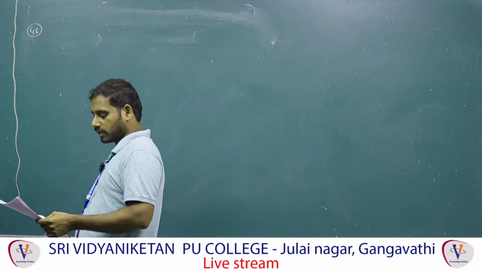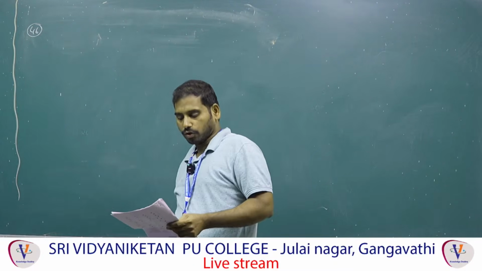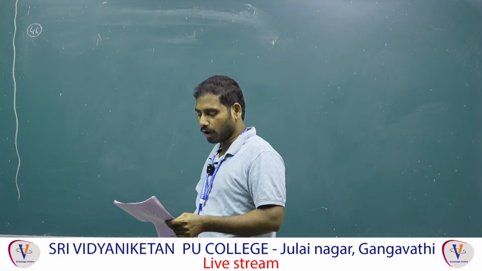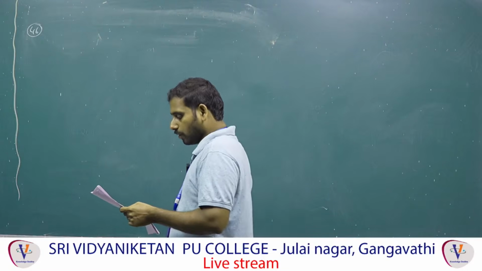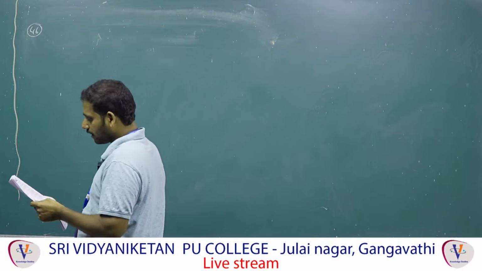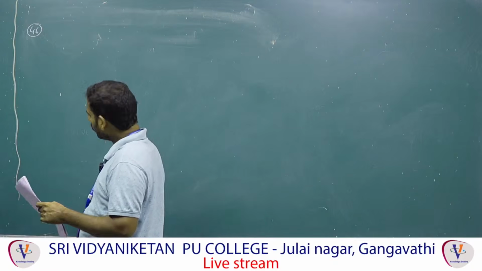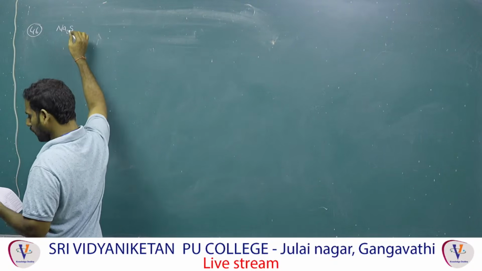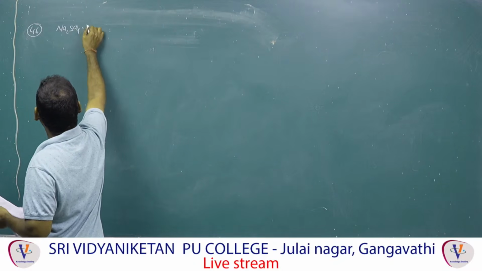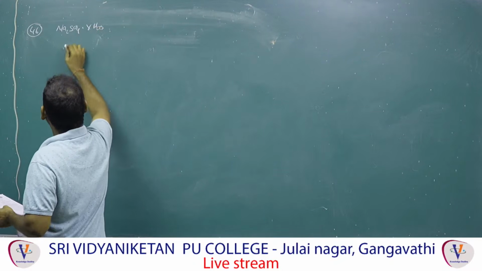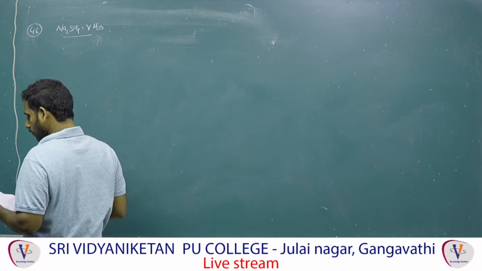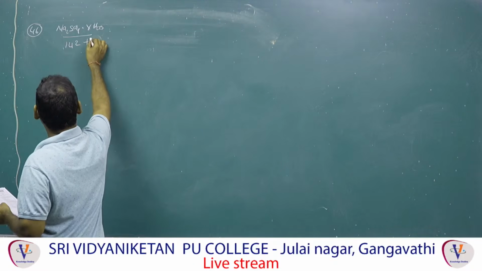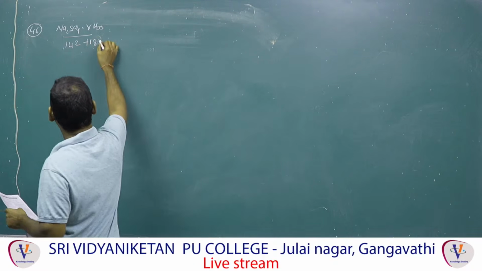Question number 46. What they have given: the crystalline salt Na2SO4·XH2O on heating loses 55.9% of its mass. First, the molecular mass of Na2SO4·XH2O is 142 plus 18x.